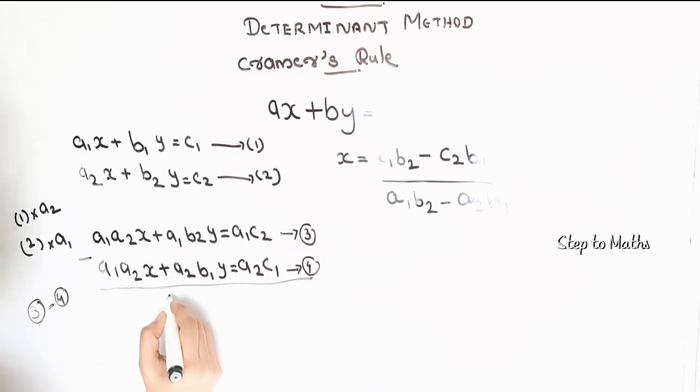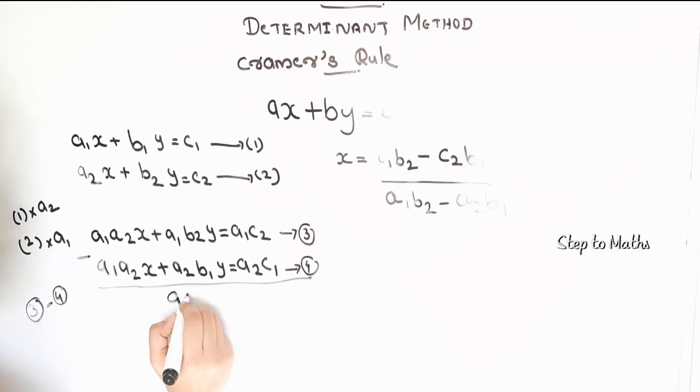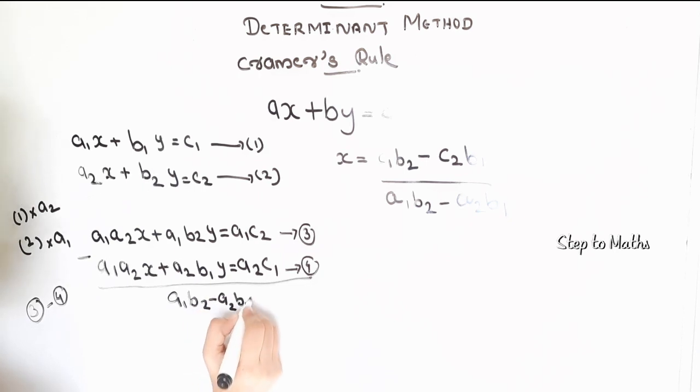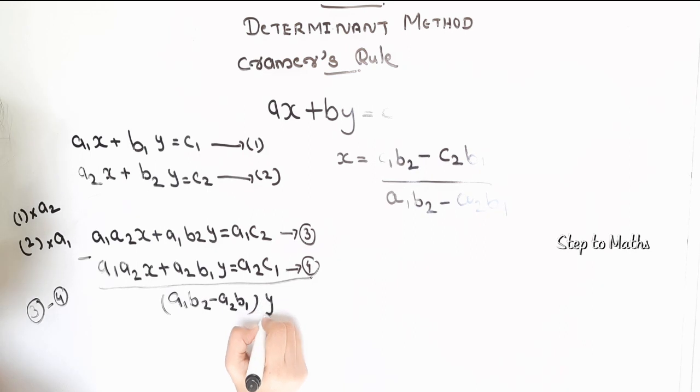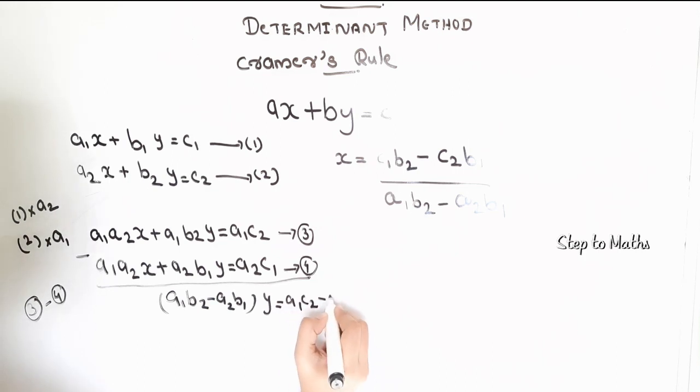Then the coefficient of y becomes a1 b2 minus a2 b1, times y, equal to a1 c2 minus a2 c1.